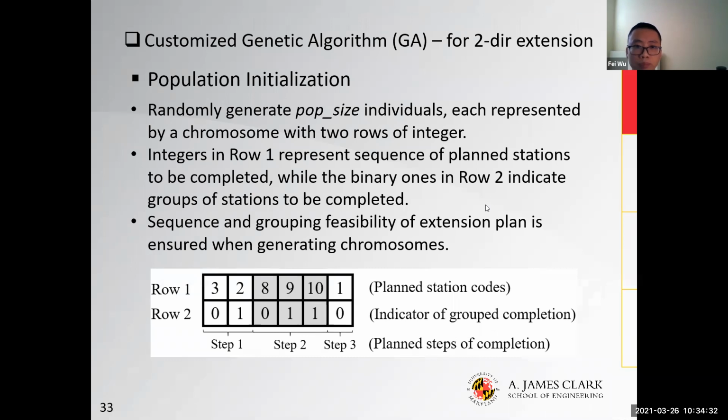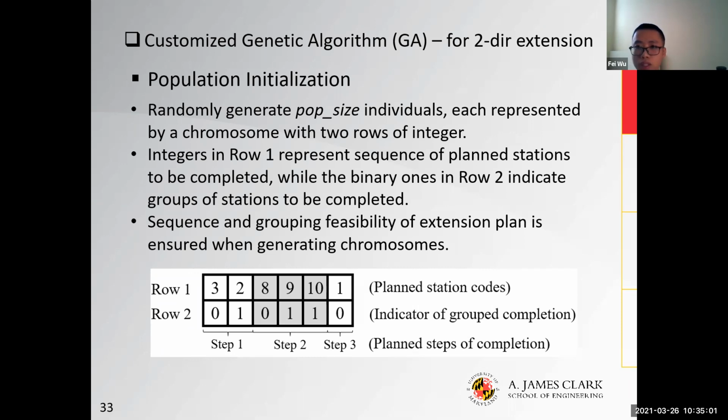And the first step for this is to generate an initialized population. In a population, there are a specific number of chromosomes. Each chromosome denotes a possible extension plan for this two-directional problem.